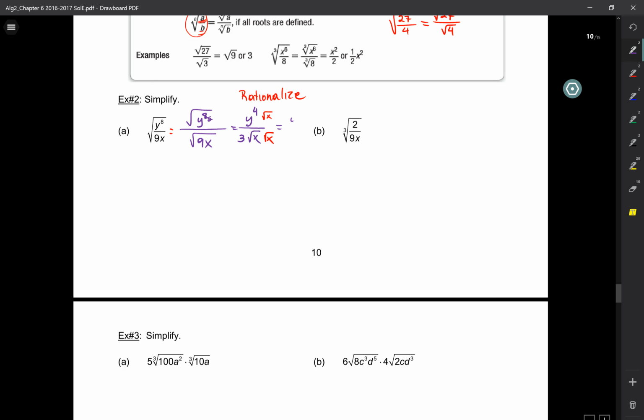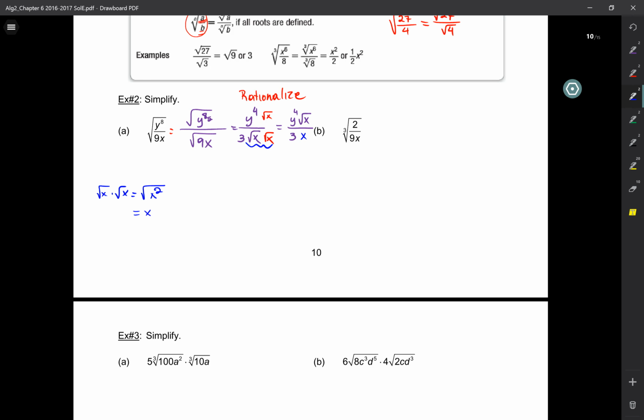So here we're going to get y to the 4 root x. And on the bottom, I get what? 3 times, what is this? Root x times root x? Just x. Root x times root x would be the square root of x times x, which is what? x squared. And what do a square root and a square do to each other? Get rid of one another, okay?